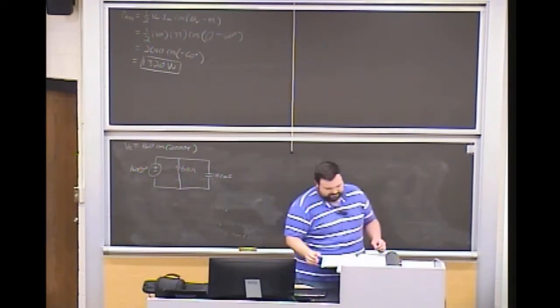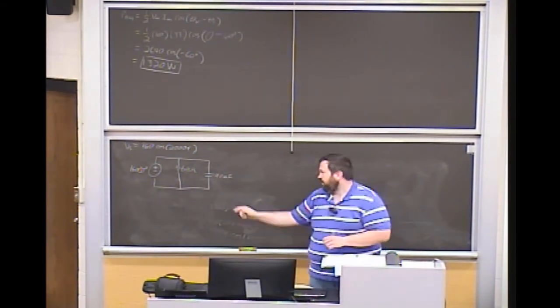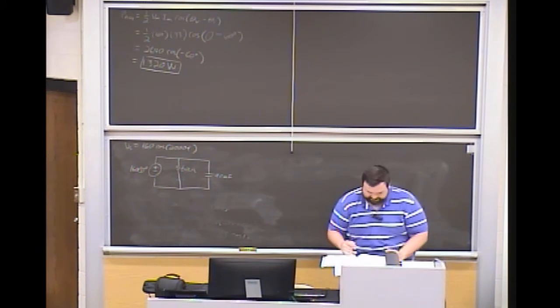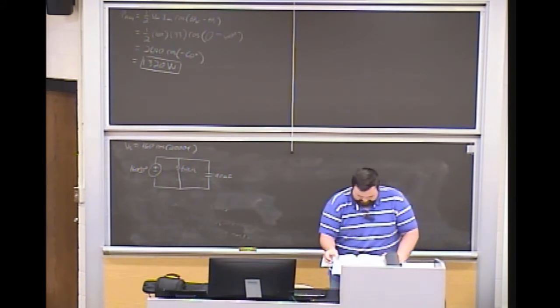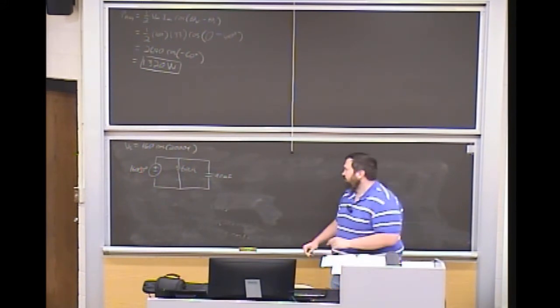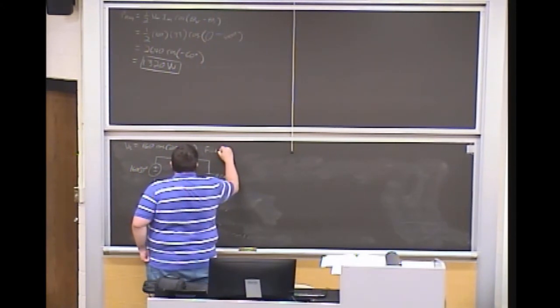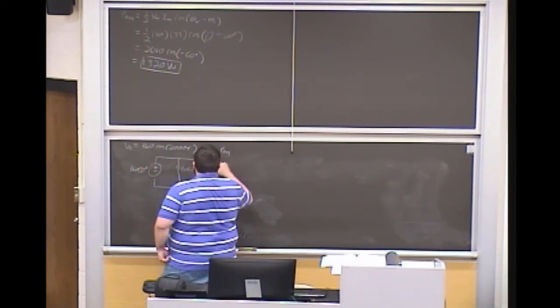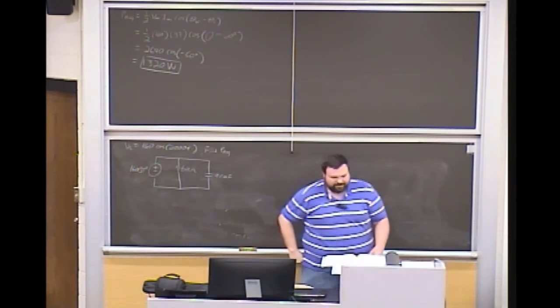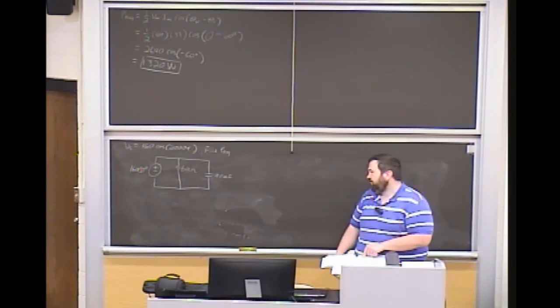Okay, so we know that. I just went ahead and converted it to phasor notation right there for us. So we know that. Find the average power delivered to the load.